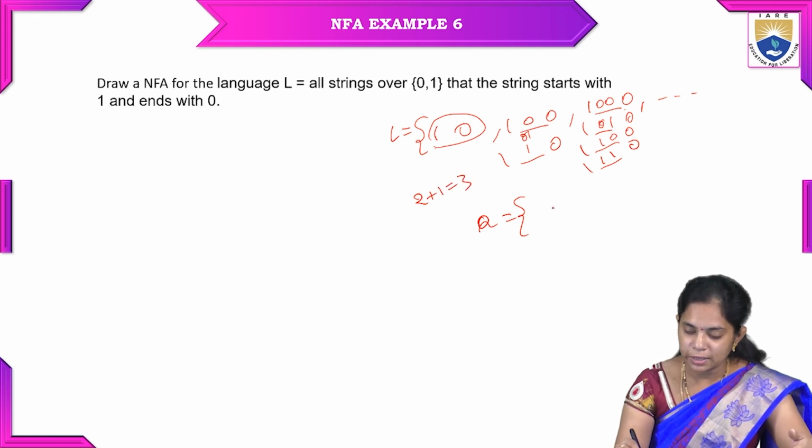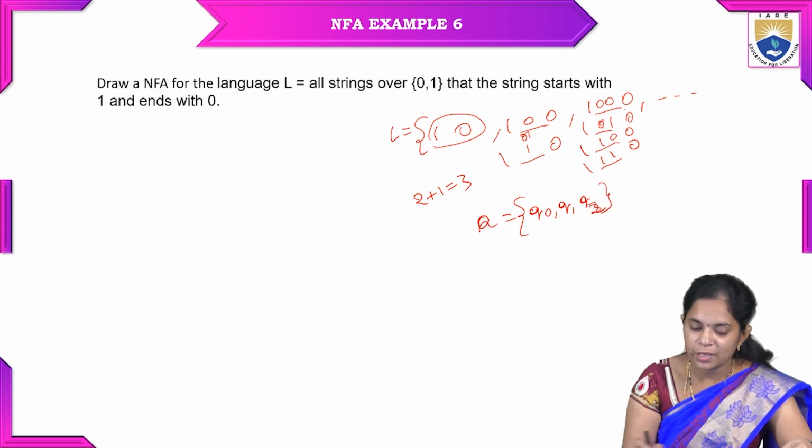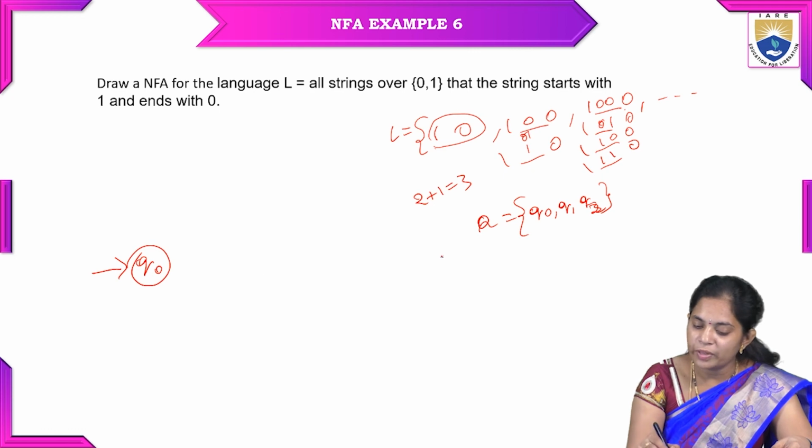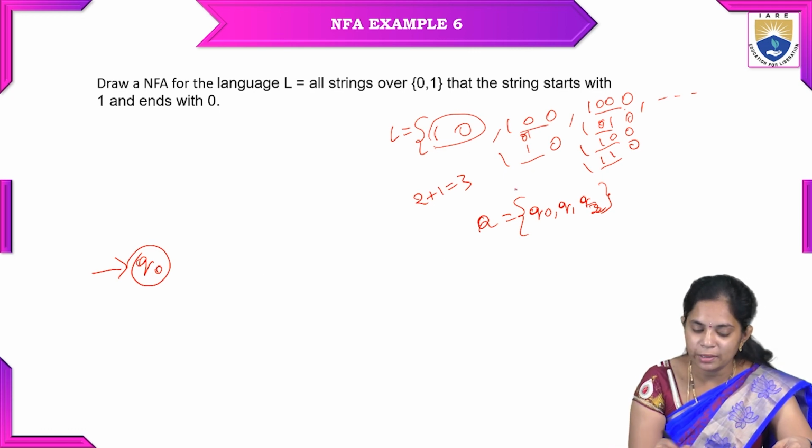So the 3 states are Q0, Q1, Q2. So let's construct an NFA for this one. Starting is Q0. We have to satisfy the minimum length first, so we require 3 states.